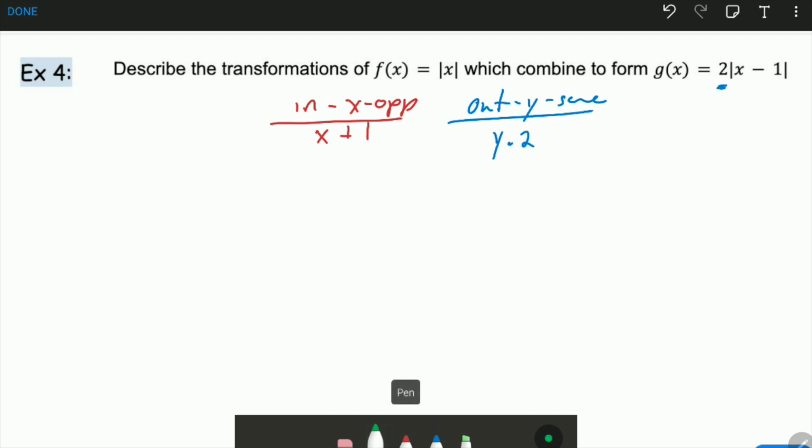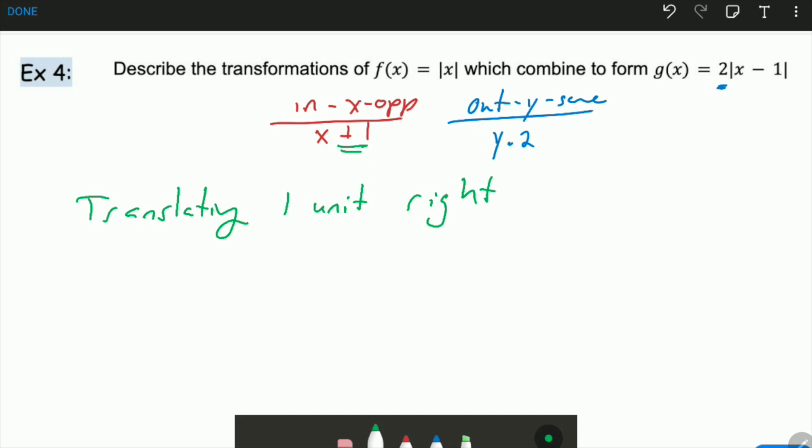Now that I have that, I'm going to describe the transformations. I like to start with translations, so we are translating. We only have one addition subtraction, so we're translating 1 unit. And if we add 1 to x, that is going to move it to the right. For the y rule, it's y times 2, so that's going to be a dilation and not a translation.